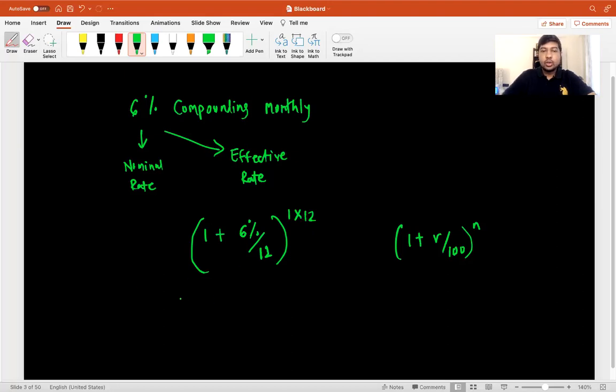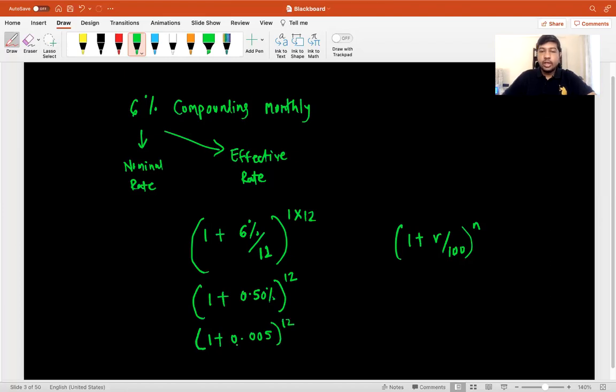So if I go to the next step of this equation, it will be 1 plus 0.50%, which is 6% divided by 12, and then raised to 12. If I convert this percentage into decimals, then it will be 1 plus 0.005, raised to 12.